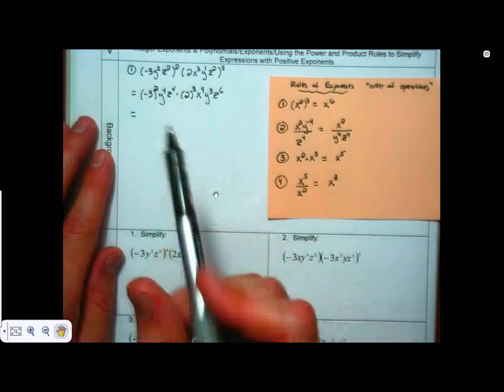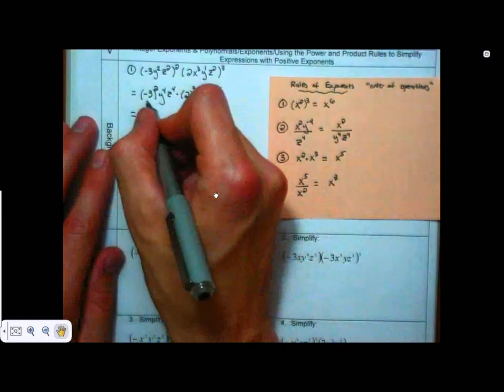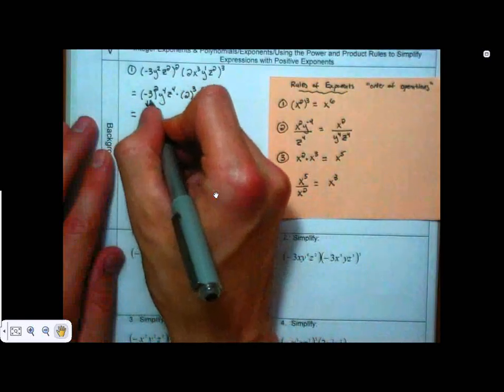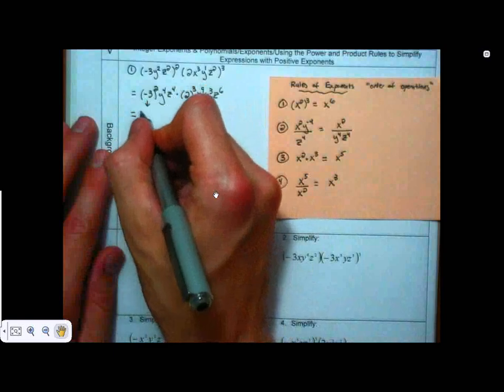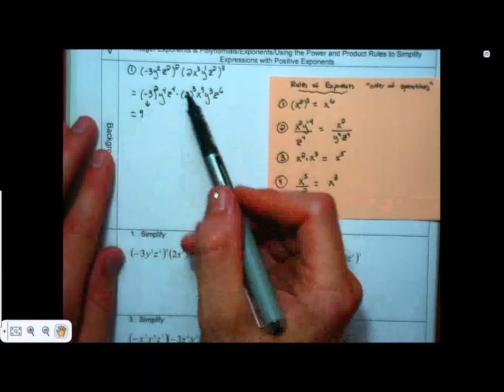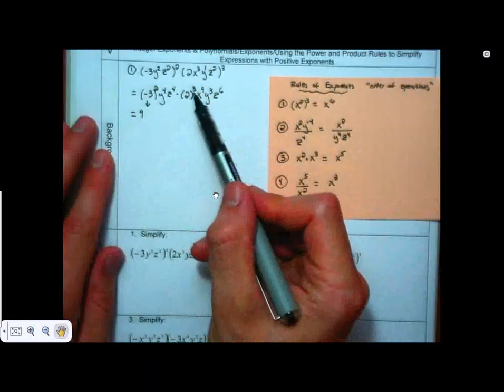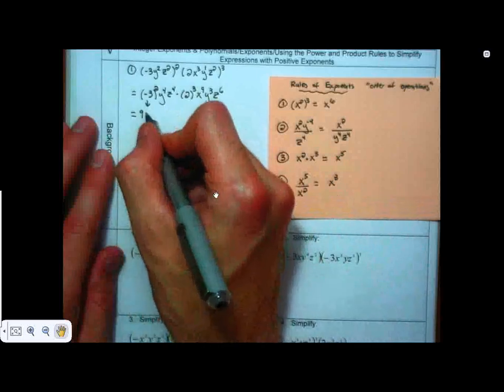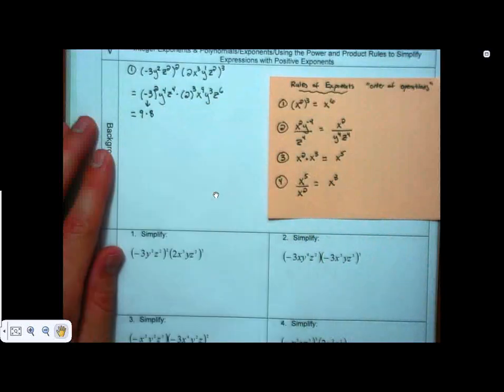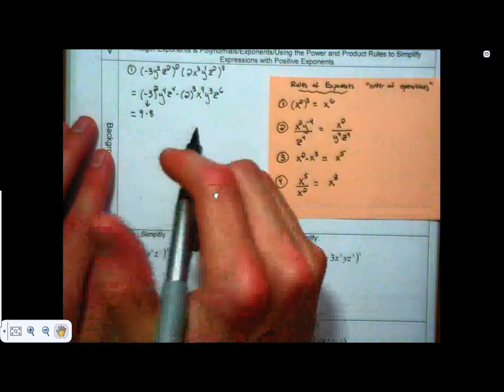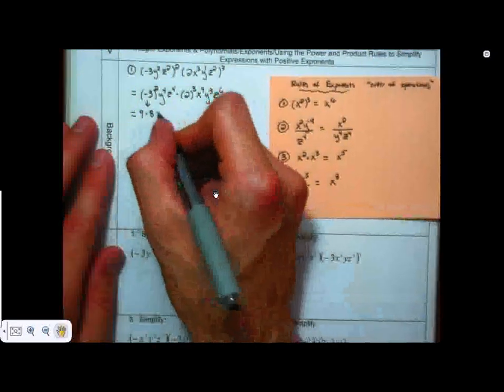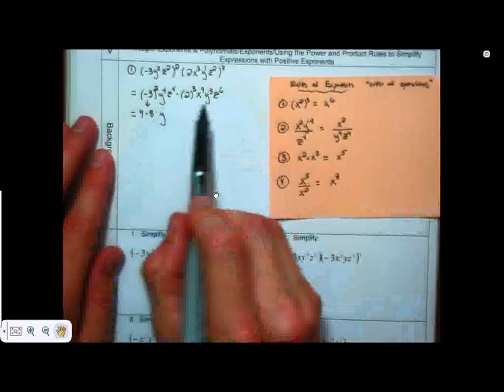And in this step, I'm also going to multiply my numbers out. So I've got -3 to the 2nd is 9. 2 to the 3rd is 8, which I'm going to write right next to the 9, so I've grouped my numbers together. Then I've got y to the 4th times y to the 3rd.